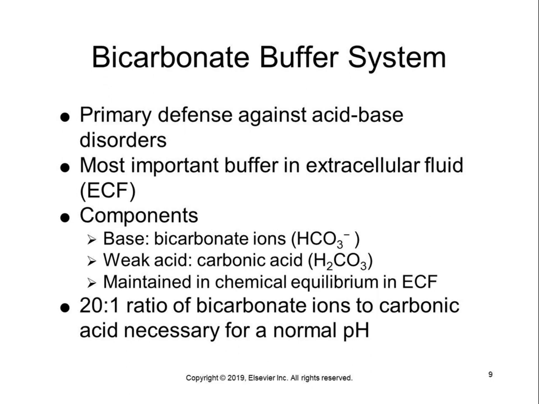The bicarbonate buffer is the most important buffer in extracellular fluids. Components: the base, bicarbonate, and the weak acid, carbonic acid, maintained in chemical equilibrium in extracellular fluid. A 20:1 ratio of bicarbonate ion to carbonic acid is necessary for a normal pH.